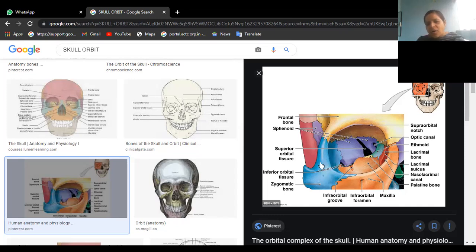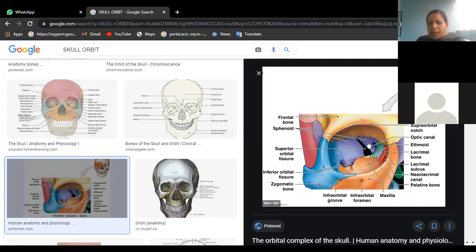Again on the lateral wall, this is zygomatic, frontal we have sphenoid bone. Between the, this is greater wing, this is lesser wing. Between the two wings of this sphenoid bone there is an opening. What is the name of the opening? Superior orbital fissure. Within the greater wing you have a hole for the passage of optic nerve. Optic nerve is second cranial nerve. So the optic canal gives passage to the optic nerve.